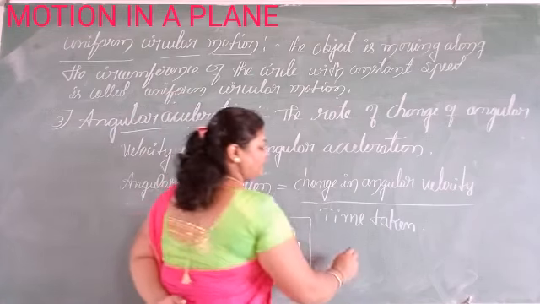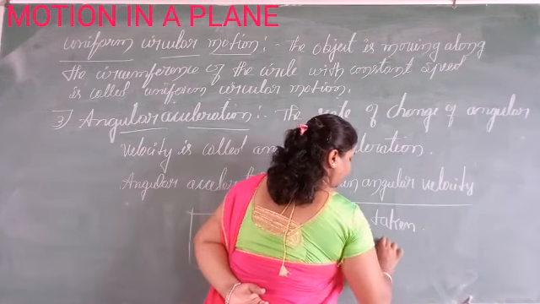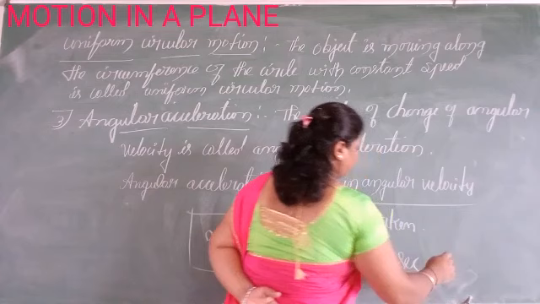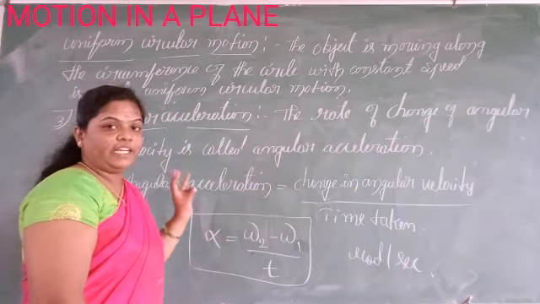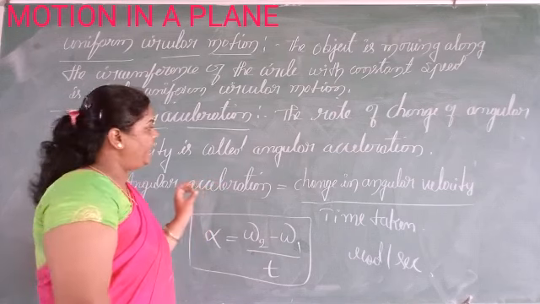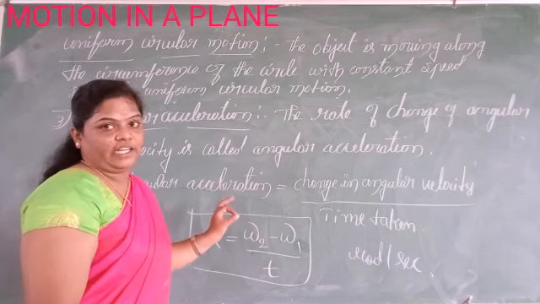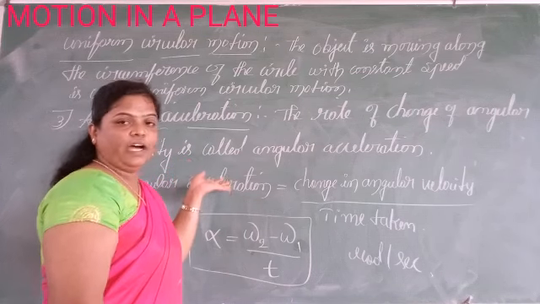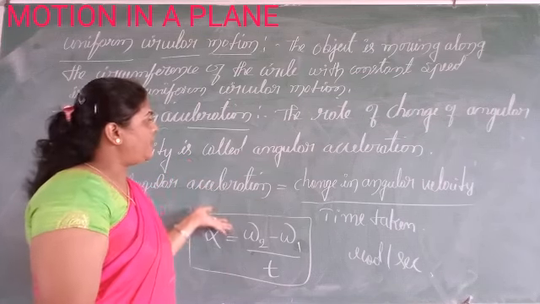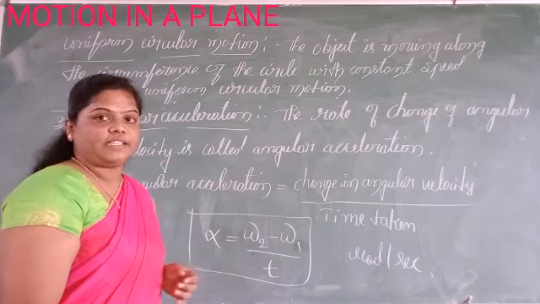The unit of angular acceleration is radian per second squared. Same as linear displacement, linear velocity and linear acceleration, in a circular motion, two-dimensional motion, we have angular displacement, angular velocity and angular acceleration.